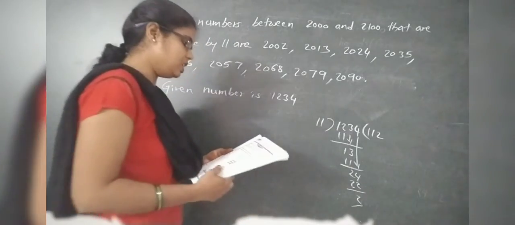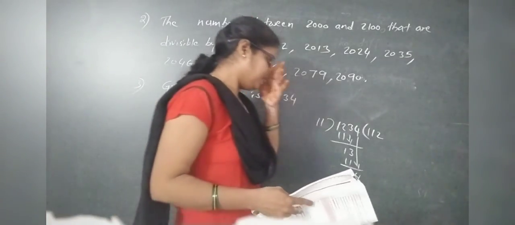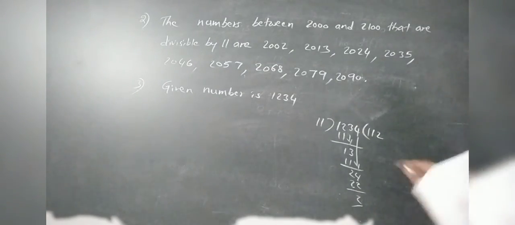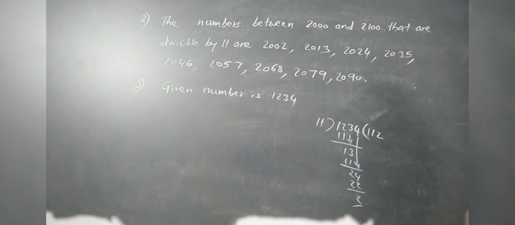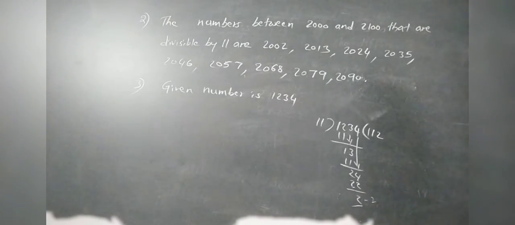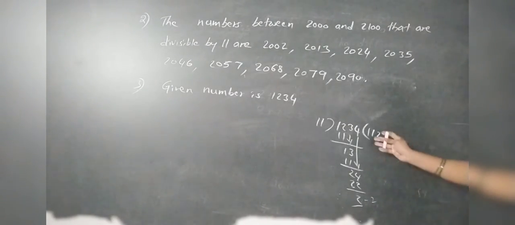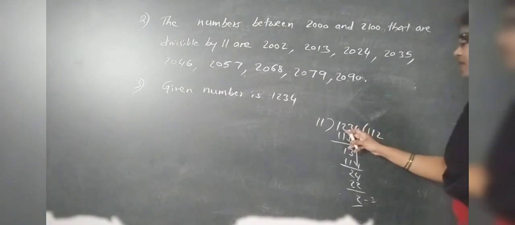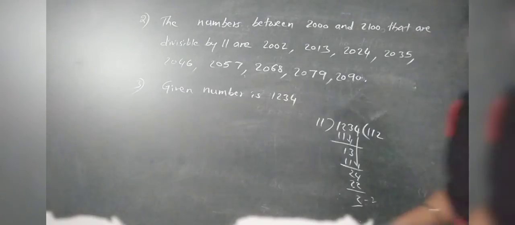So here, which is the nearest number? We will get exact divisibility by 11, children, if we subtract 2. We should subtract 2, which means we will get remainder 0. So what is the number? We will get 1232. Okay.